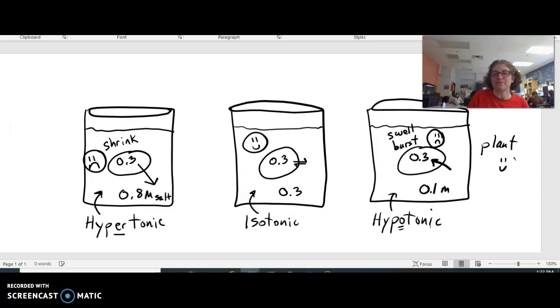Plants like it. In fact, plants are designed for it because plants have something that animal cells don't have. What do they have? Cell walls. So if you pour pure water on plants, they do fine with that because they absorb it, and their cell walls are designed to offer a rigid boundary so that when the vacuole swells up, that's like their skeleton, right?